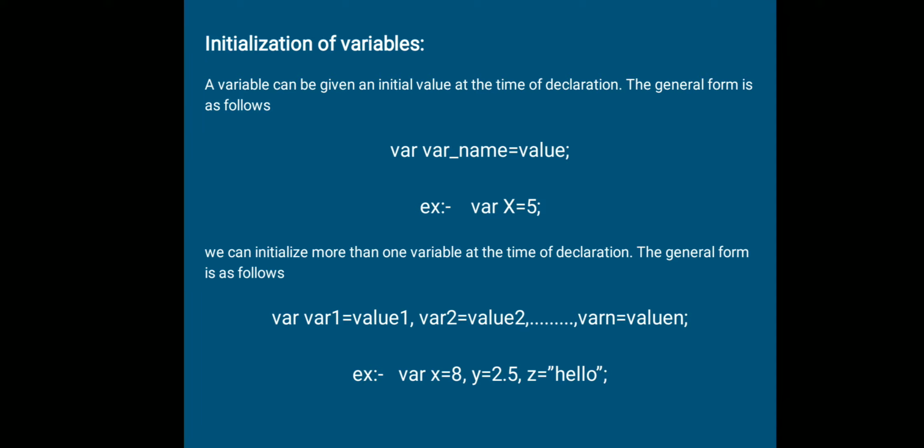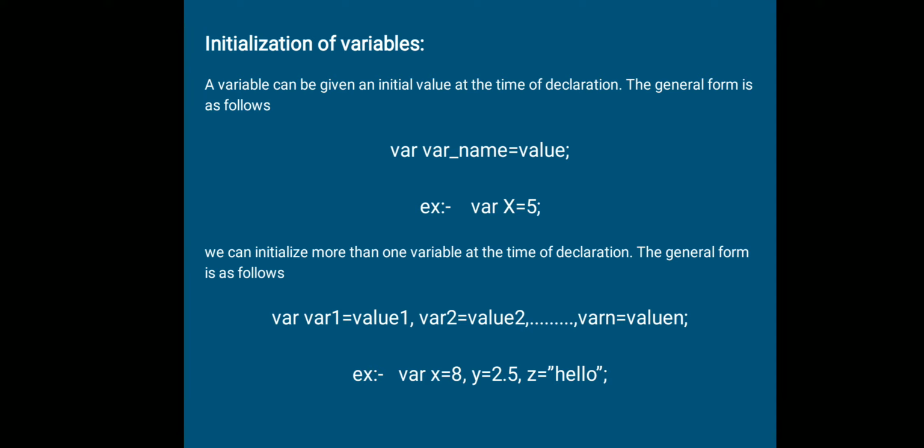The major advantage in JavaScript is we are not defining the data type here. Instead of defining the data type, we are giving the keyword var. If I specify a data type, I can declare only that type. For example, in C, if I give int xyz, all the xyz values should be integers, but not in JavaScript.